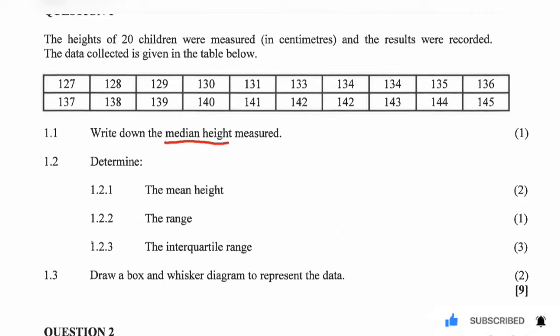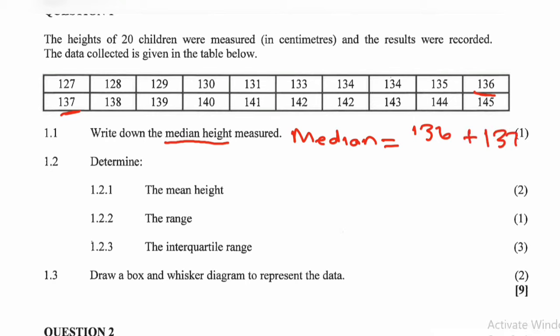So writing your median, you would say median is equal to 136 plus 137 divided by 2.